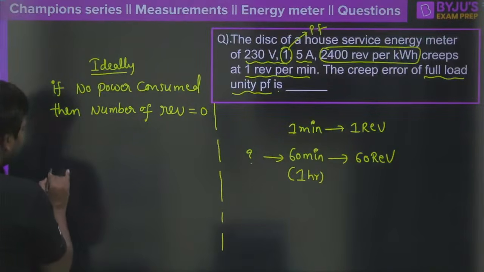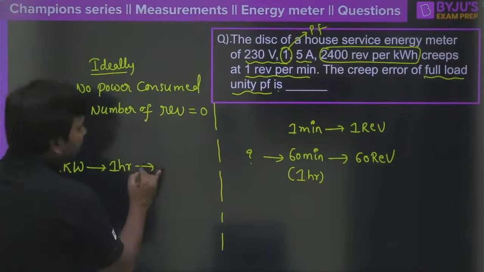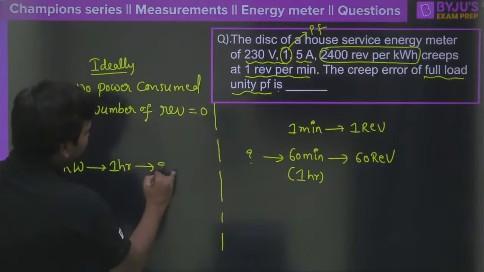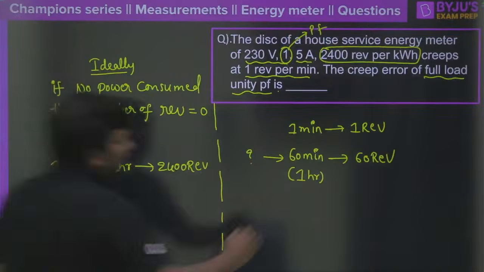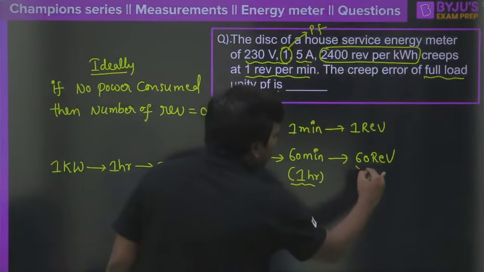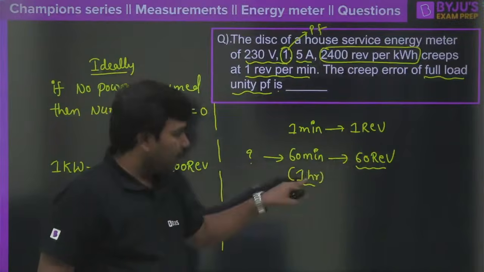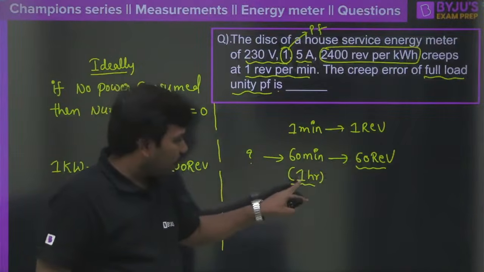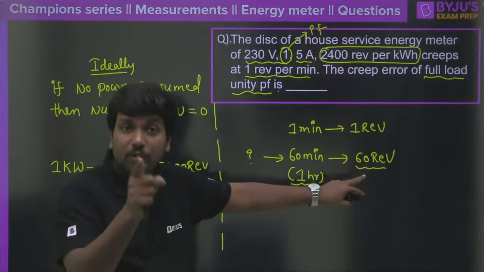The meter constant says that if you consume 1 kilowatt of power in 1 hour, it will make 2400 revolutions. Correct? But in the same 1 hour, it is making a very slow rotation of only 60 revolutions because of creeping. It is creeping, right?